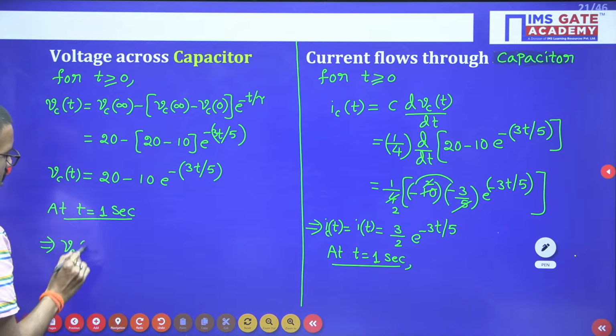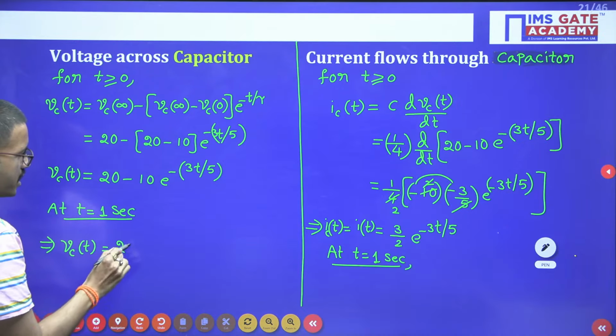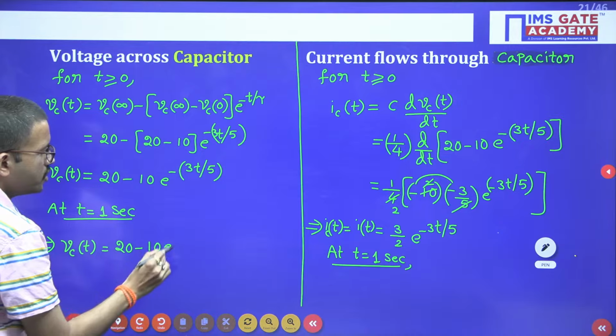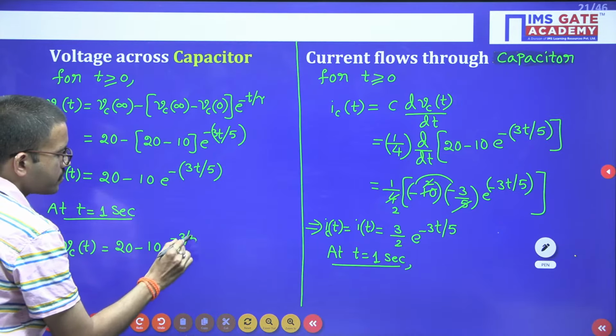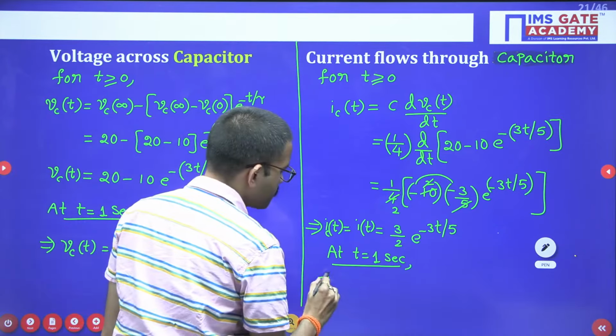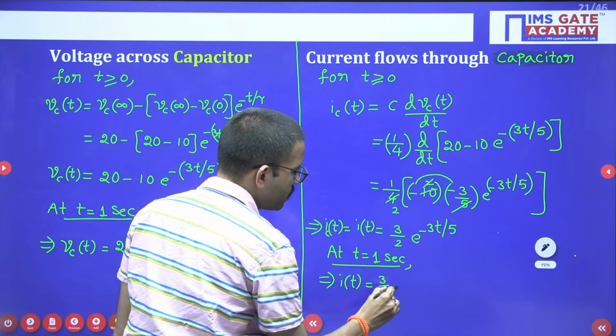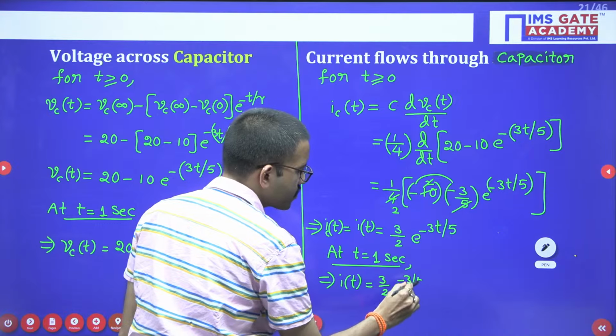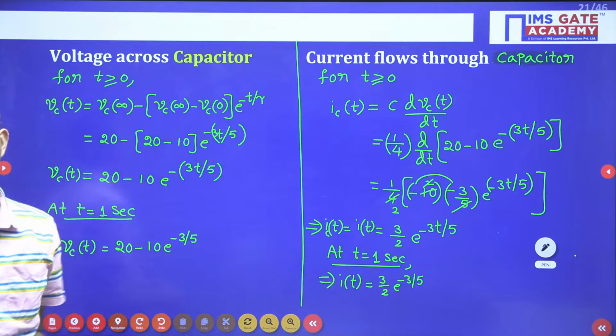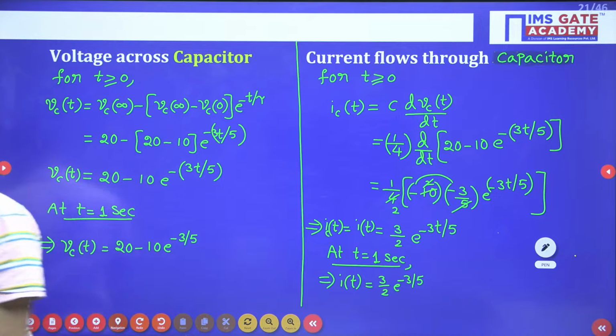If you substitute t equal to 1, you will get 20 minus 10 into e power minus 3 by 5. Similarly, I of t equals 3 by 2 into e power minus 3 by 5. Do the simplification using a calculator or mobile.